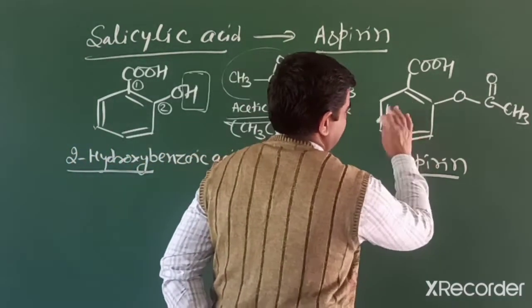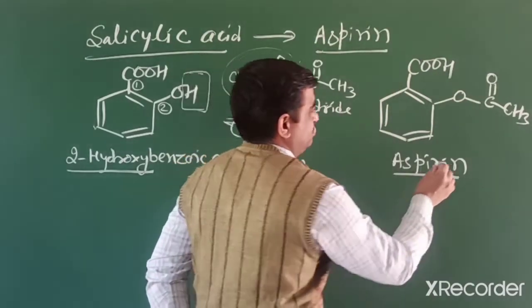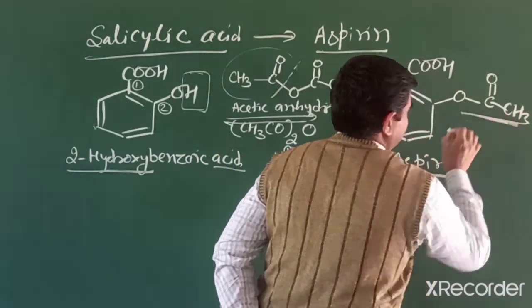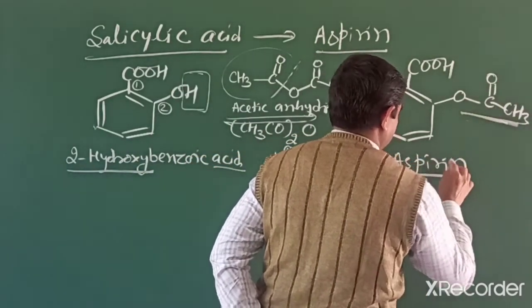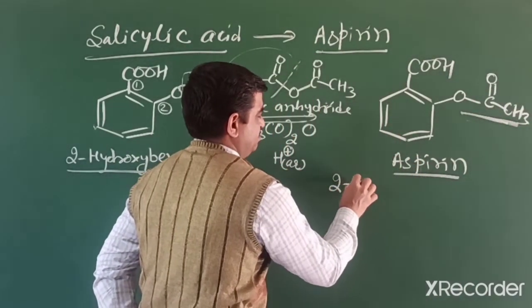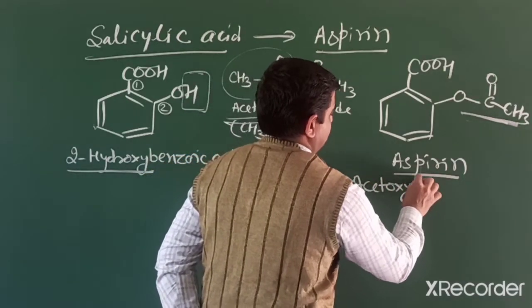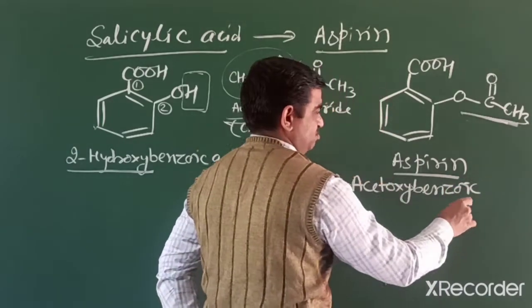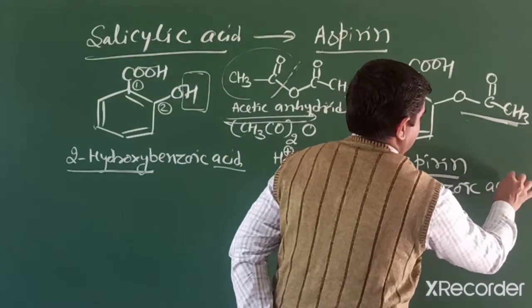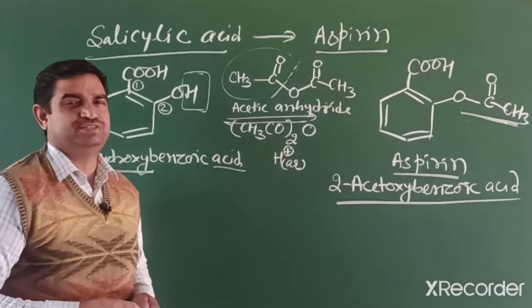How can we write the IUPAC name? Because the main compound is a carboxylic acid, this has an acetoxy group. So its name is 2-acetoxybenzoic acid, known as aspirin, a very important medicine.